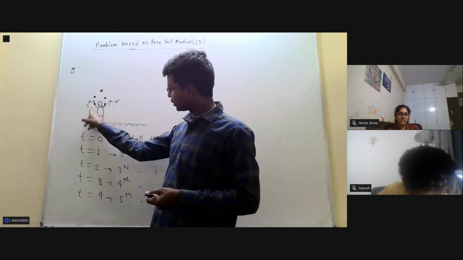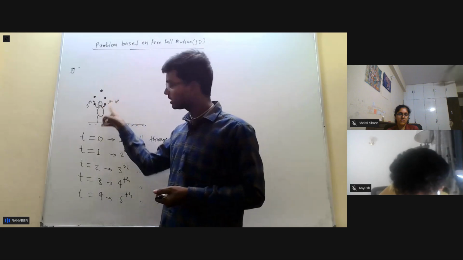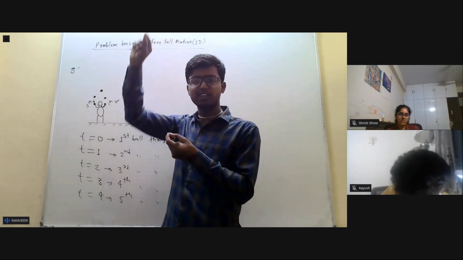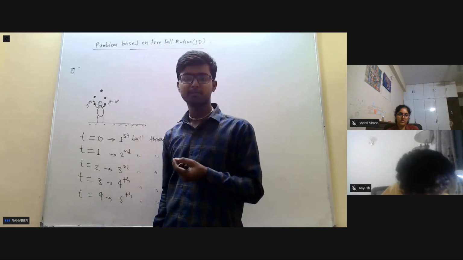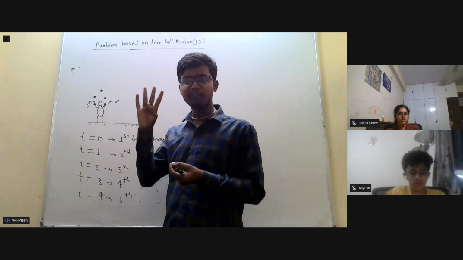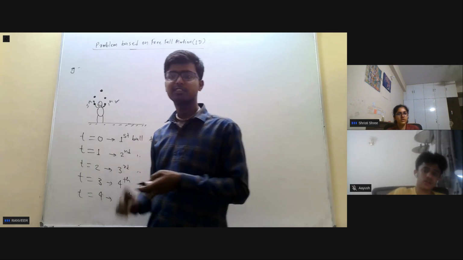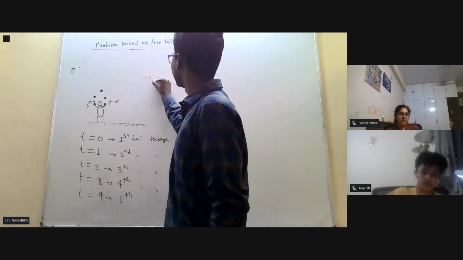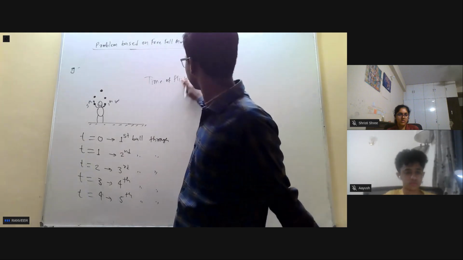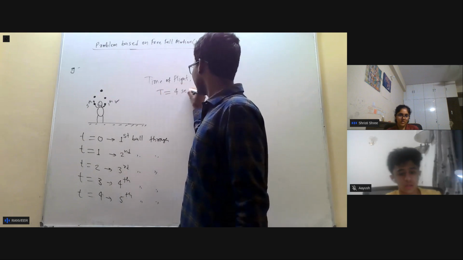So in 0 seconds, he throws the first ball. In the 4th second, the ball is again in the hand. How many seconds did it take to travel in the air and come again to the hand? 4 seconds. Correct? So what is the time of flight of the ball? 4 seconds.